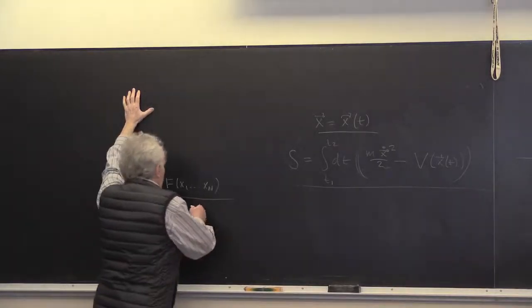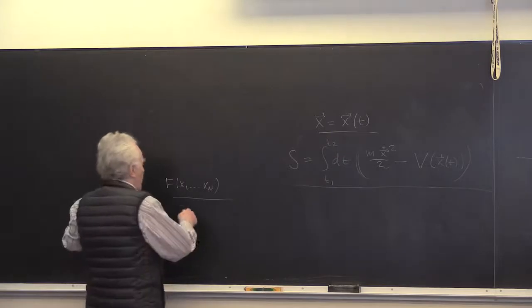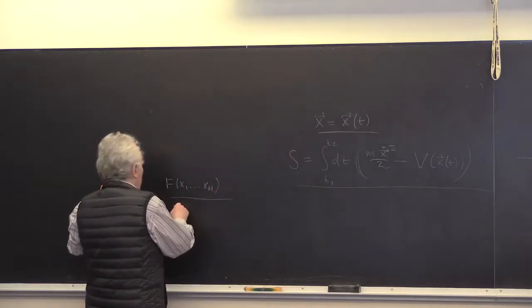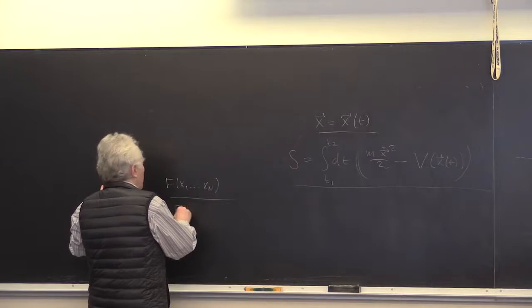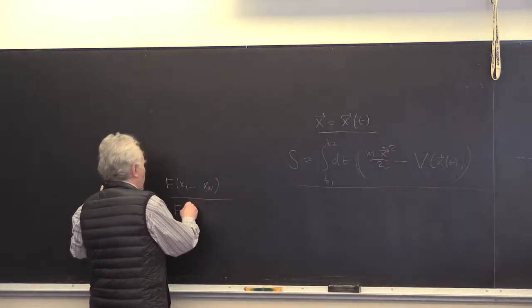We argue in the following way. First of all, we define what we mean by partial derivatives. Suppose we consider the case that all these variables are small.